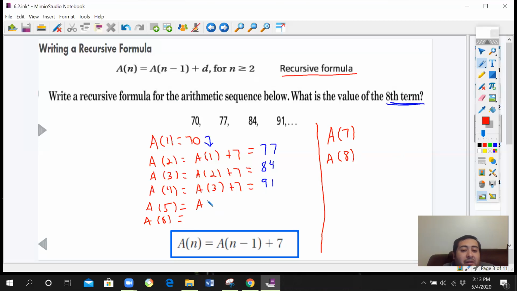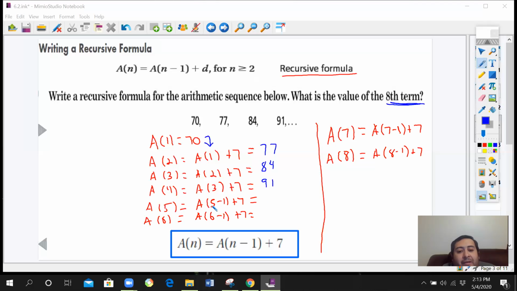So here you're going to have 5 minus 1 plus 7. Then A6, here we have 6 minus 1 plus 7, which again is the previous term. And then here we have 7 minus 1 plus 7. And the last one, 8 minus 1 plus 7.